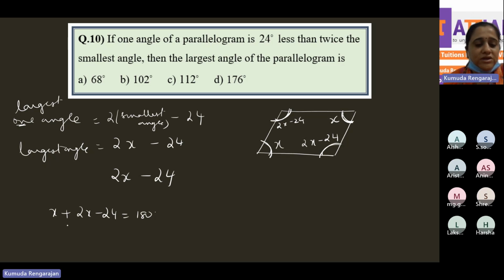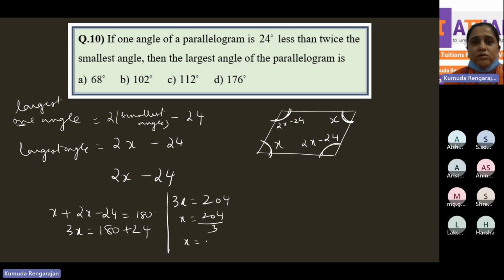So solve this. 3x is equal to 180 plus 24. So 3x is equal to 204. x is equal to 204 by 3. x is equal to 68.